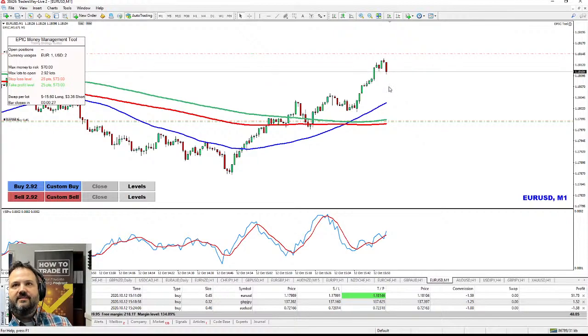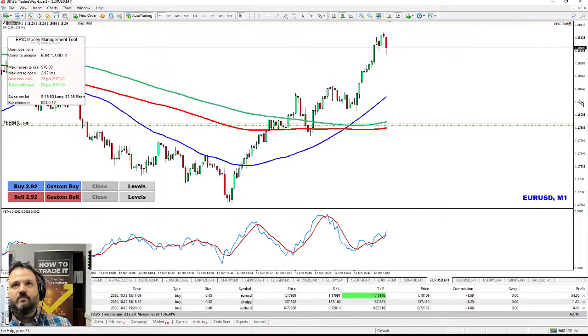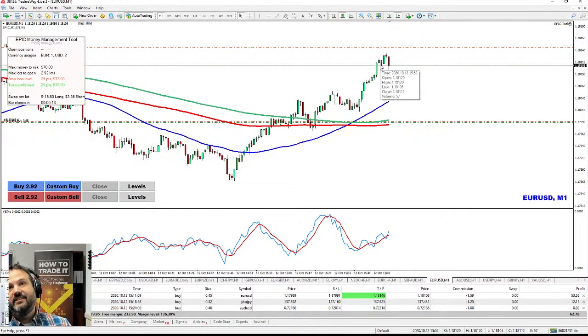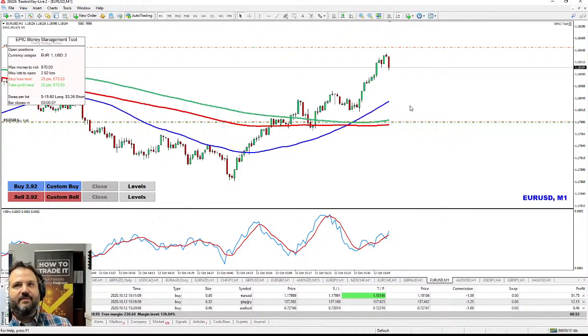So sometimes you just need to take your profit. Yeah, but you've already proven the way you trade works, so there's no reason to change it. Well, it does work. And everything's a balancing act. Sometimes you hold off and get the extra profit, and sometimes you move your stop and get some profit, and sometimes you don't. It's all a balancing act.